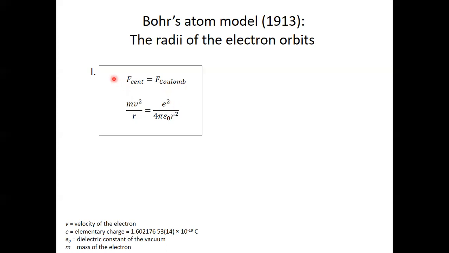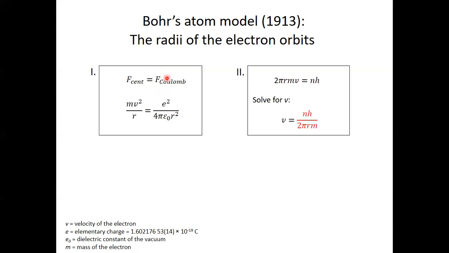So basically, this assumption is taken from Rutherford. Now, the second assumption introduces the quantization of the electron. It says that the angular momentum of the electron is an integer number times the Planck constant over 2 pi. So it's 2 times pi times r times m times v, which is equal to n times h.